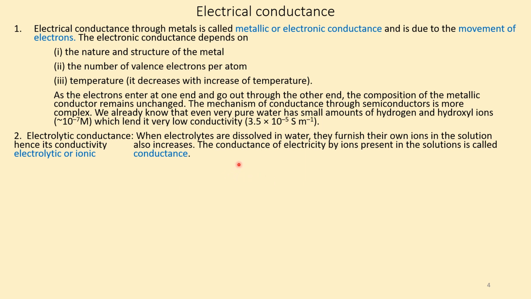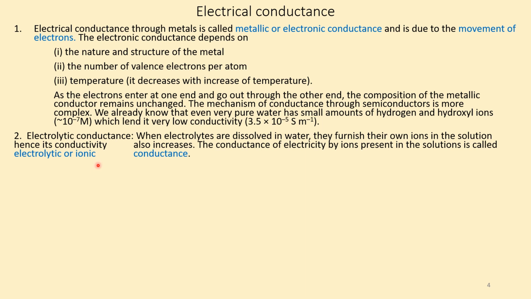So, when electrolytes are dissolved in water, its conductivity increases due to increase in the number of ions. The conductance of electricity by these ions present in solutions is called electrolytic or ionic conductance.